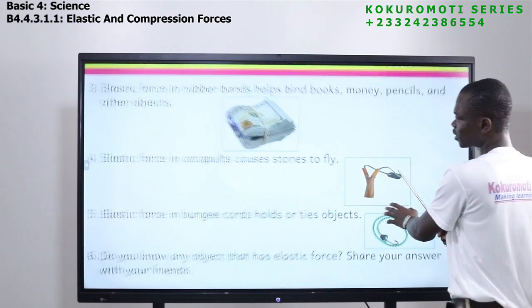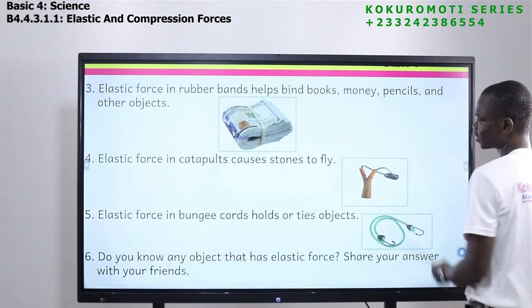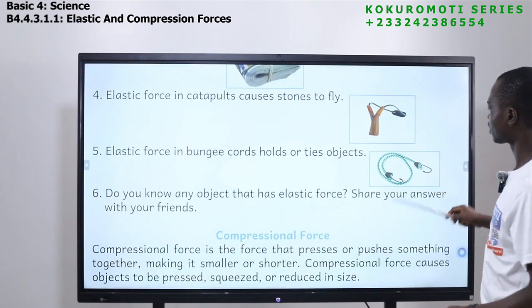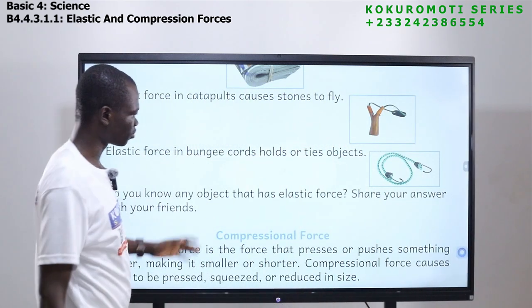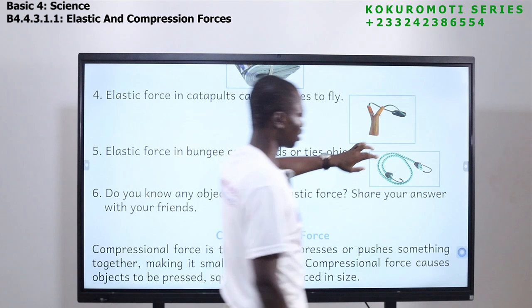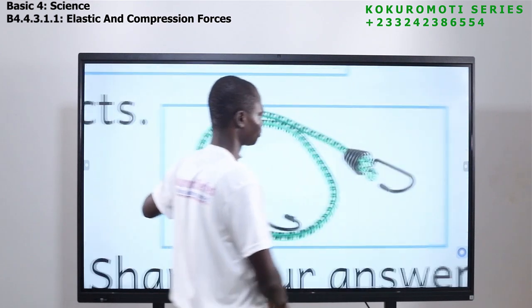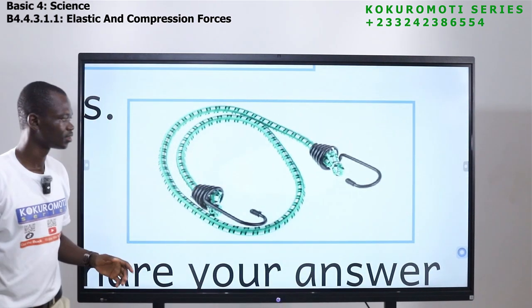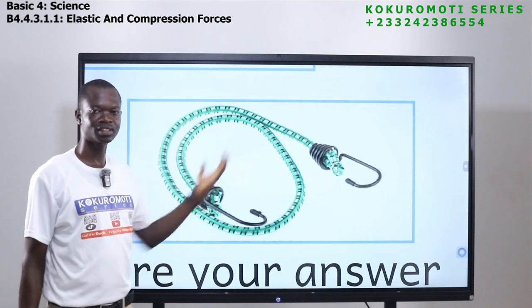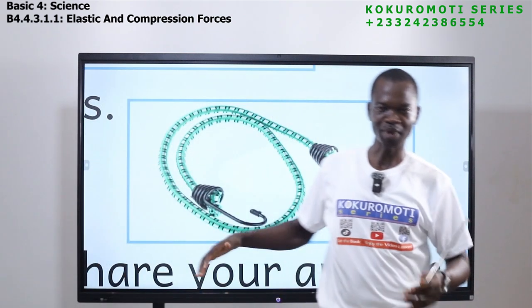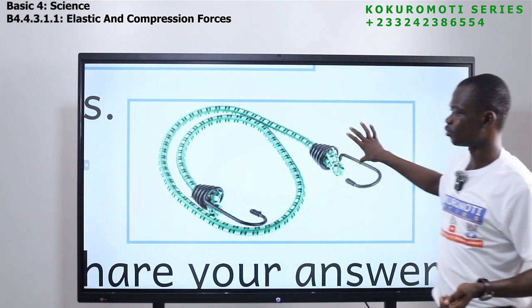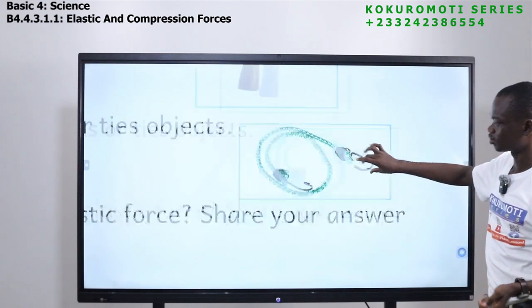The next thing you should know about elastic force is that elastic force in bungee cords holds or ties objects. You see some motorbikes and bicycles have this. They use it to tie objects at the back of their motor or bicycle.